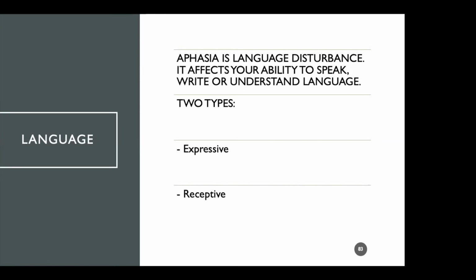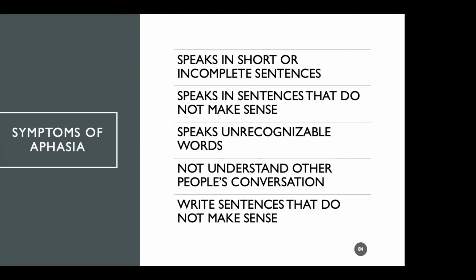So these would be some symptoms of aphasia. You speak or you don't make sense when you speak. You can't recognize words. You can't understand people's conversations. You write down sentences that make no sense. Those should all be red flags that this is aphasia, or what we call cognitive language problems.